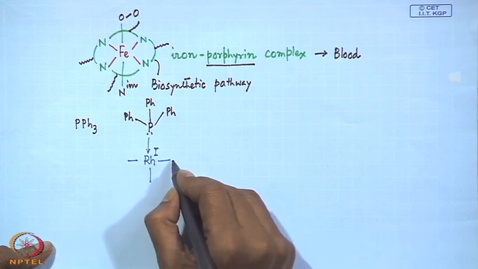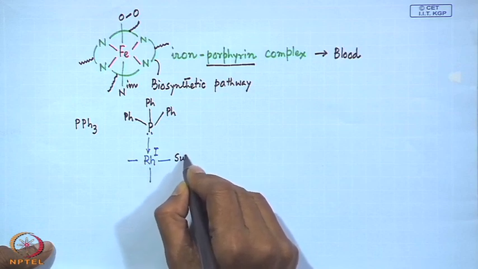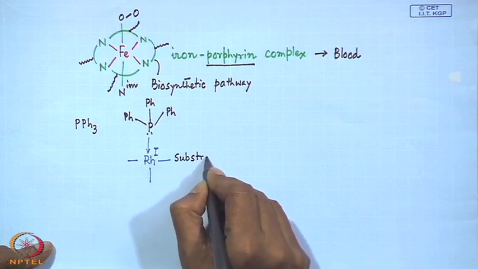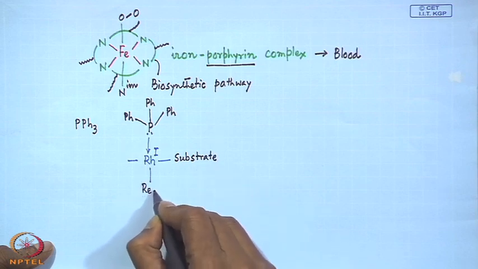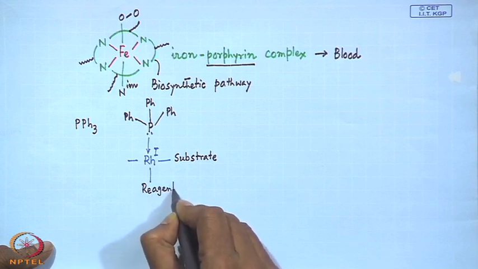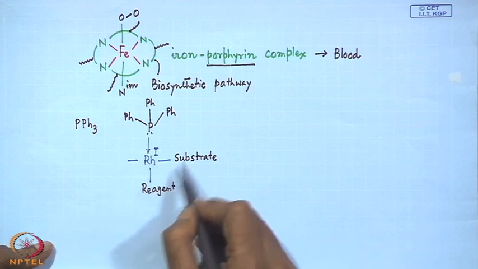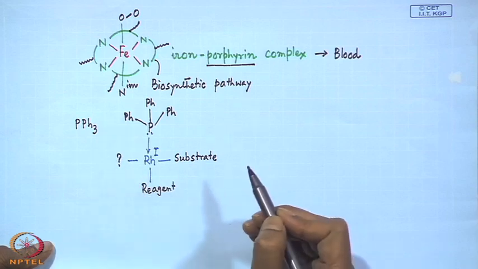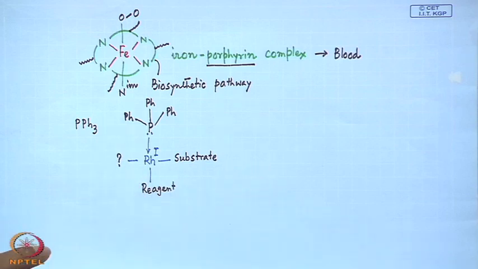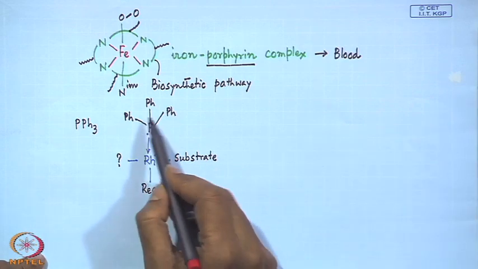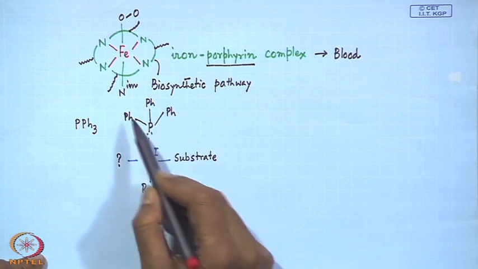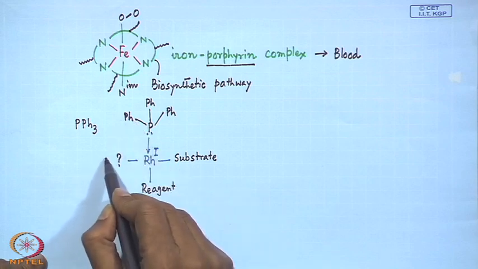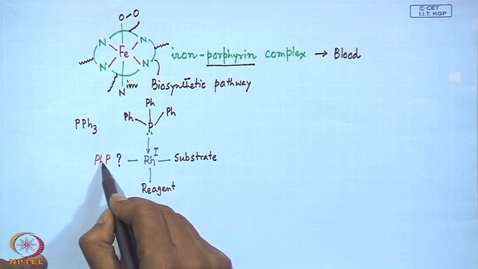So, we can have the substrate and the other position the reagent, and it has some other groups attached to this rhodium site, and the substrate and reagent can react, but the reactivity pattern will typically be controlled by the corresponding phosphine group, because this can also be occupied by another phosphine ligand.